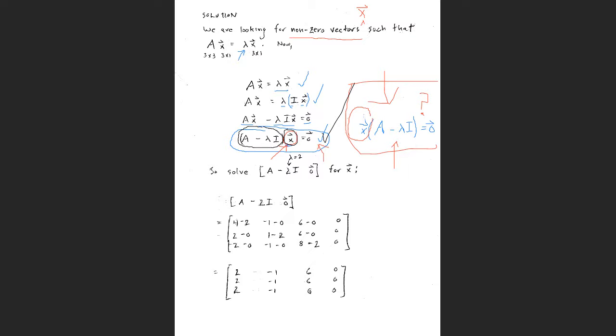Matrix multiplication is not what? You can add matrices, you can subtract matrices of the same size. Well, I don't want to digress here. Matrix multiplication is not commutative. So I cannot factor that vector X out on the left side here because it's on the right side.